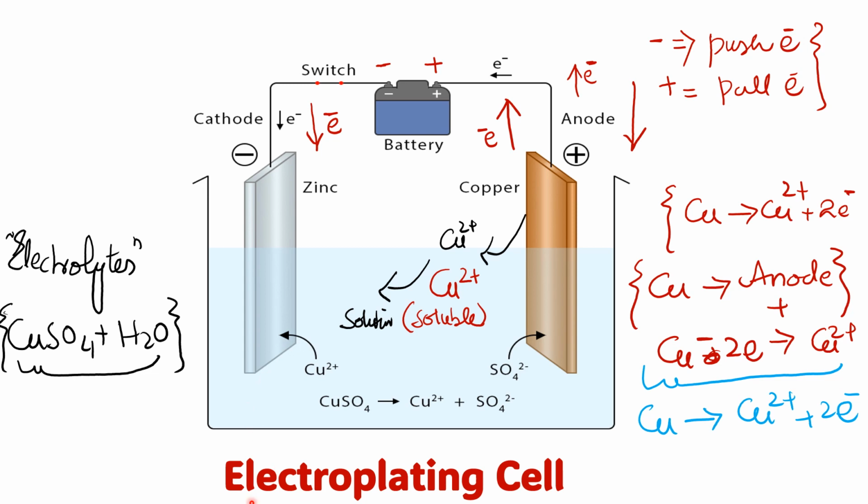Now dear student, as you know, the cathode, which is connected with the negative terminal of a battery, is connected with the zinc, and zinc acts like a cathode. The cathode has the ability to push electrons away from itself.